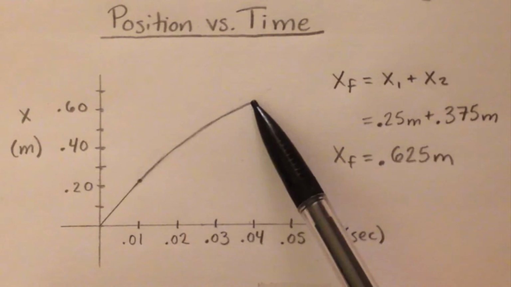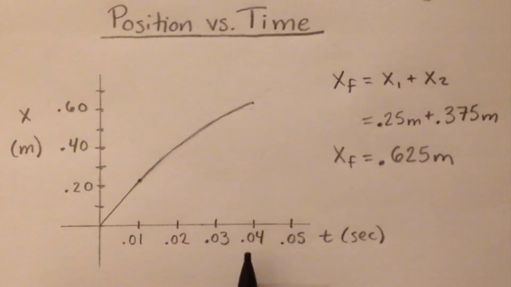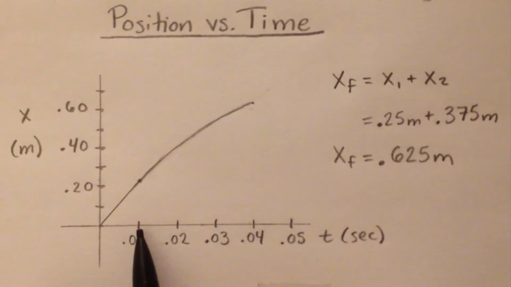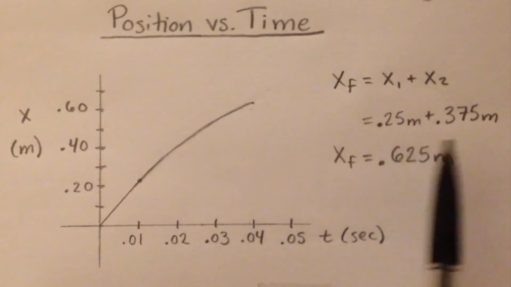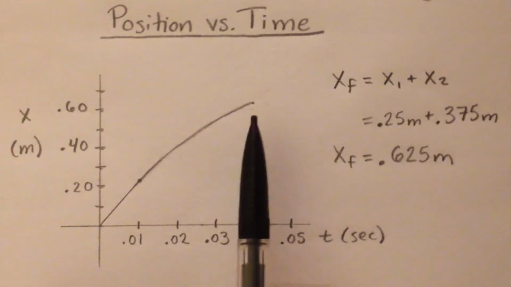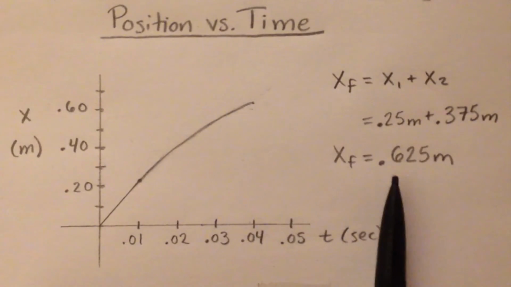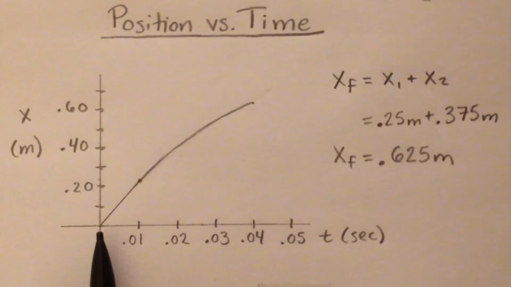The final position of the dummy after 0.04 seconds have elapsed is the distance that he traveled in 0.01 seconds plus the distance he traveled between 0.01 and 0.04 seconds. If we sum these two numbers, we find that at the end of the time when the dummy comes to rest, he has traveled 0.625 meters from his initial starting position.